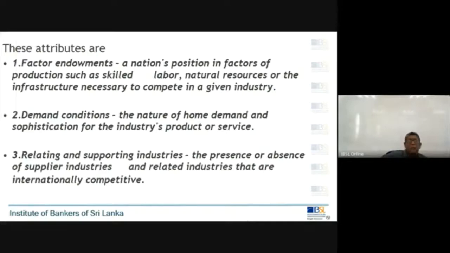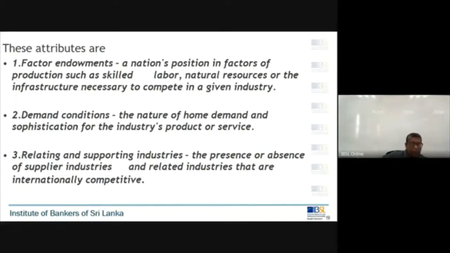We cannot fight with Saudi. Why? Because their natural resource is oil. We don't have it. So we need to look at factor endowments.